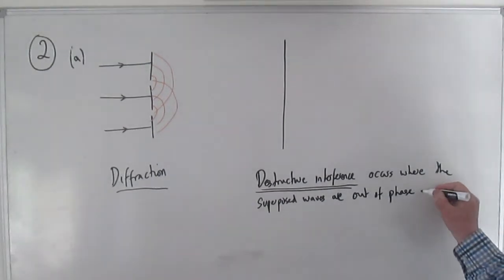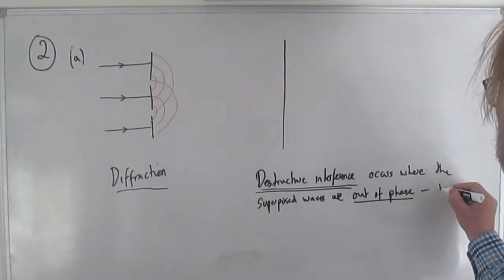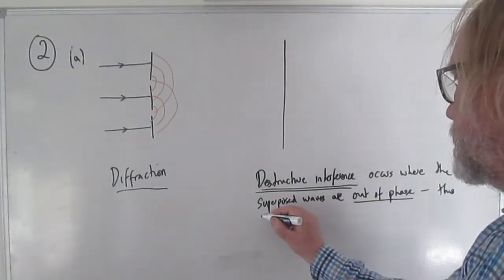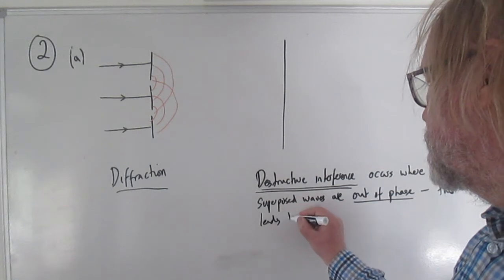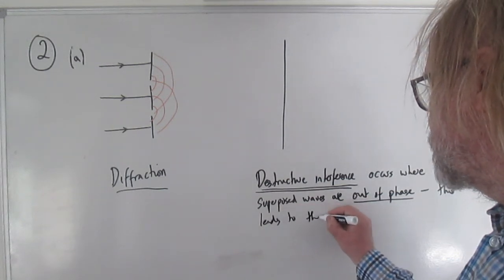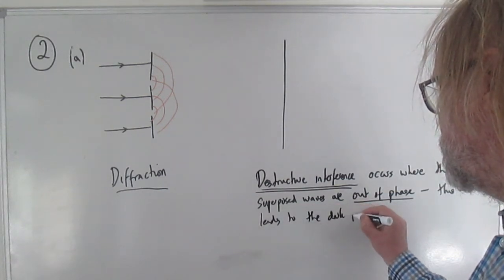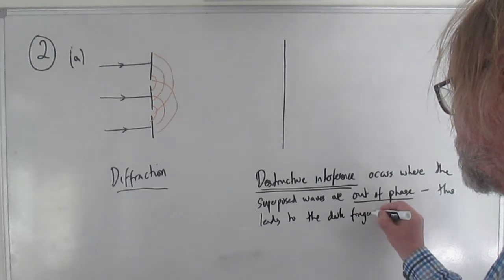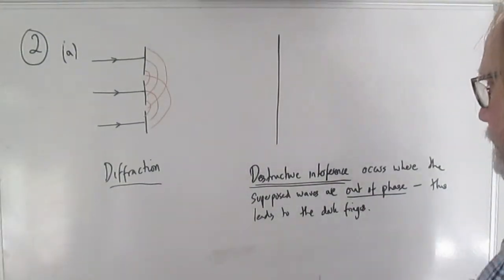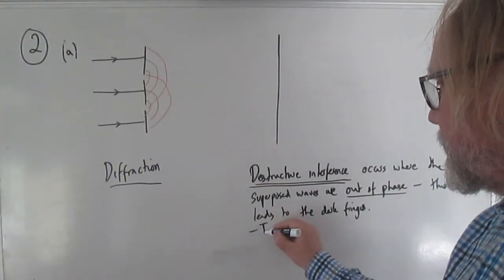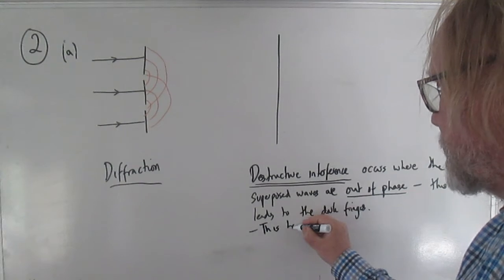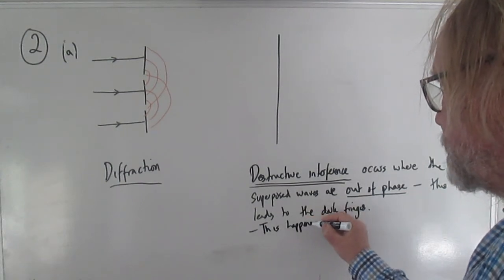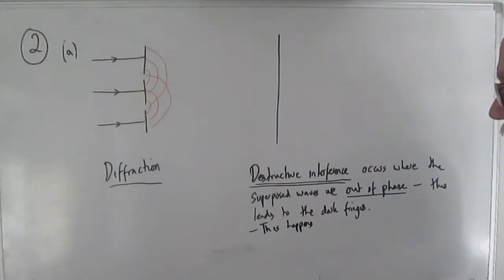And this leads to the dark fringes. You could also explain that this happens, again explain this in terms of the path length. It's a bit more difficult to express this.